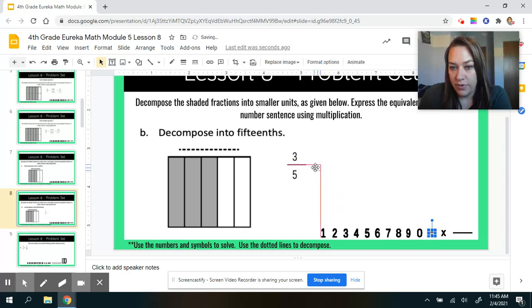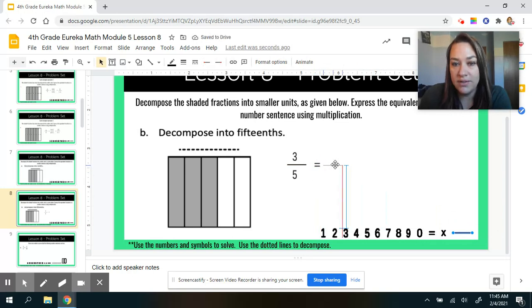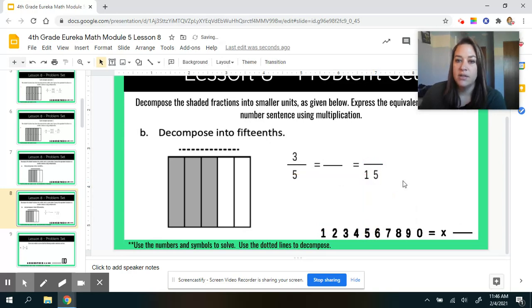So my thought process would be, 5 times what gives me 15? You can skip count by 5s if you want to. So we know that our new denominator, they're asking us to make it 15ths. Okay? So 5, 10, 15. We're going to multiply by 3, which means we need to make 3 rows.